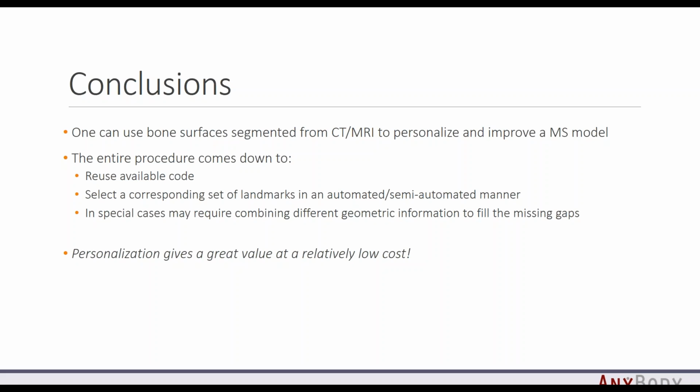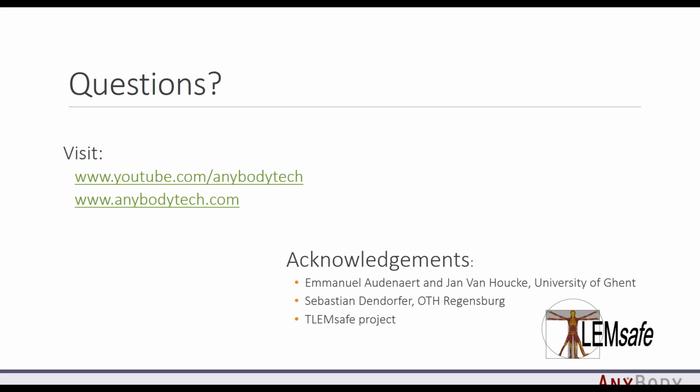And in special cases like the motion capture model, we could combine different geometric information to fill the missing gaps. All in all, I think that personalization gives a great value to the musculoskeletal modeling tasks, and it comes at a relatively low cost.